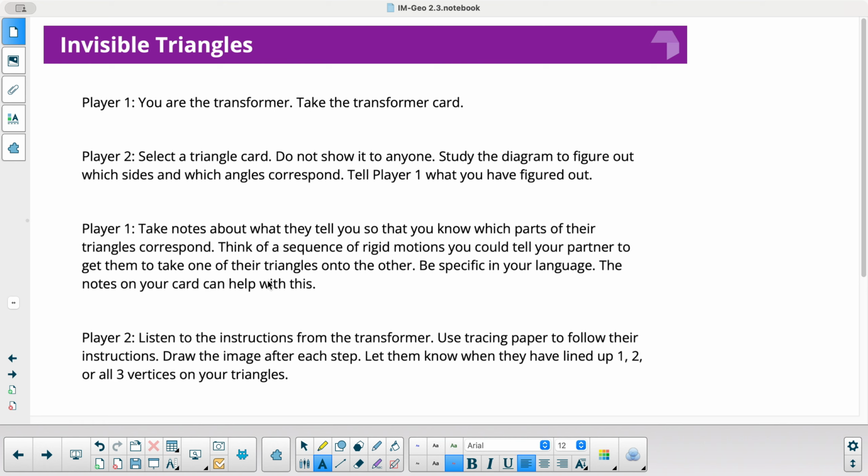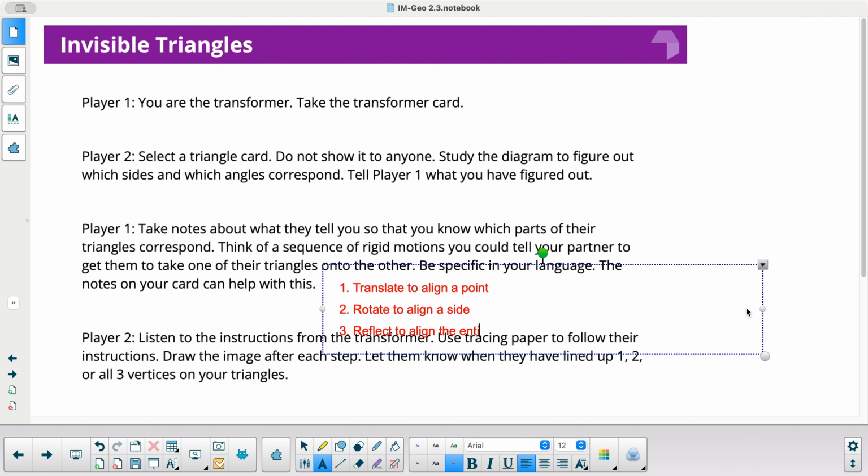And then you're going to try to think of a sequence of rigid motions without looking at the figures that could tell your partner to get one triangle to the other. Be specific in your language. The notes on your card will help you with this. So remember, I always recommend to do this: translate to align a point, rotate to align a side, and then reflect to align the entire figure.